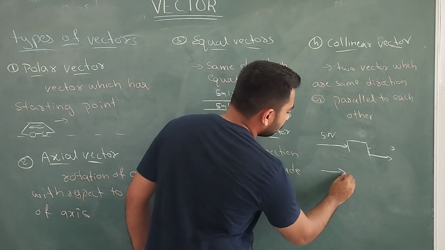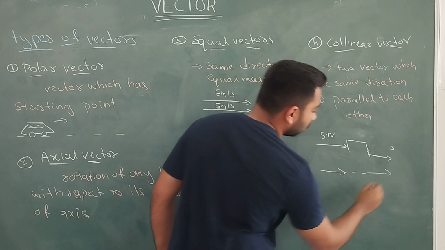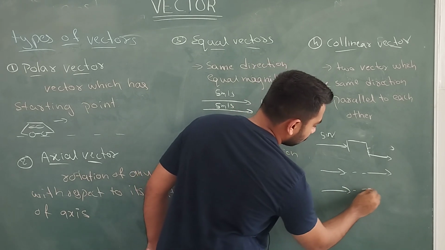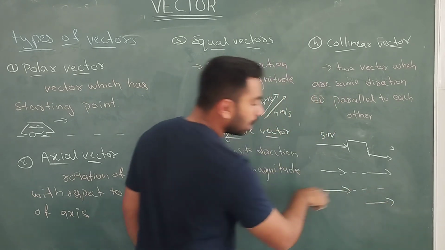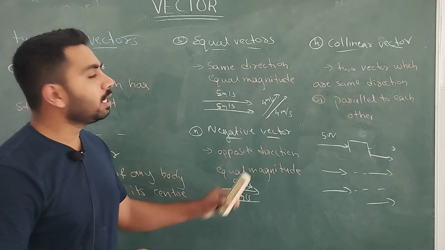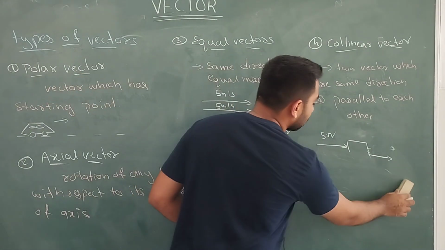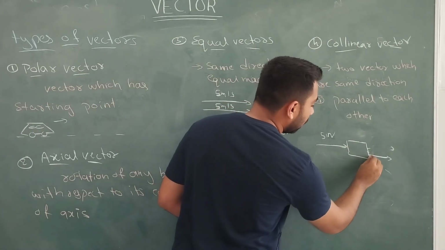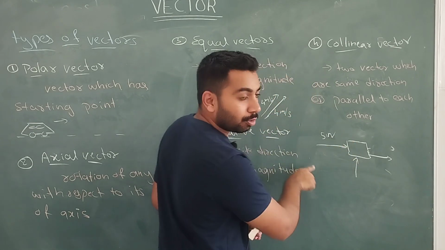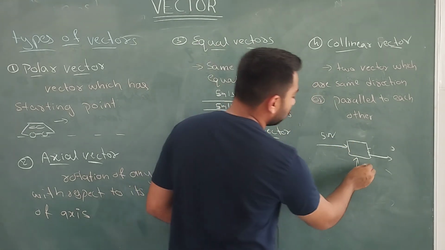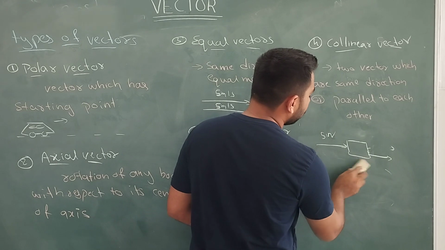Not only in the same particular line, it may be here and here, but both are parallel to each other. These are collinear vectors. But any vector like this perpendicular is not collinear. Only this one is collinear.